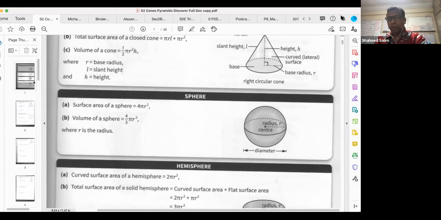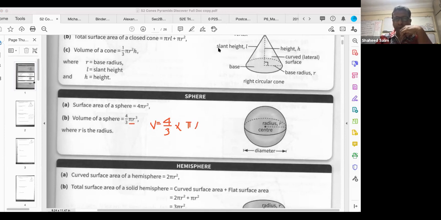So there are two formulas you need to remember. If you want to find, we go for volume first. Okay, volume. So if you want to find the volume, you can see pi r cube, but you put 4/3. Just 4/3 is for volume, pi times r cube, r times r times r.